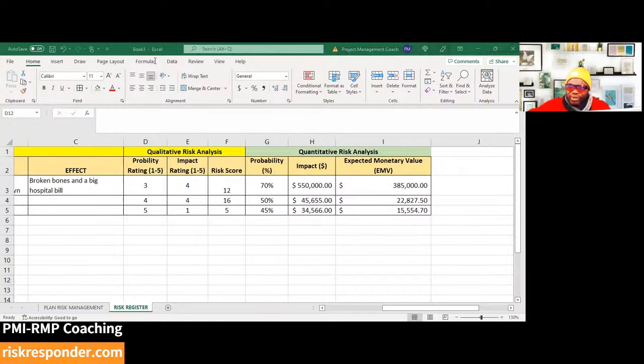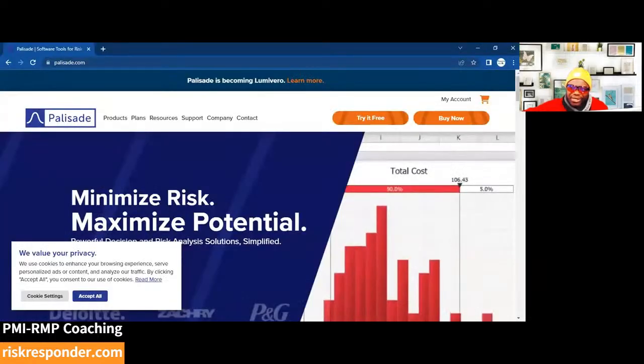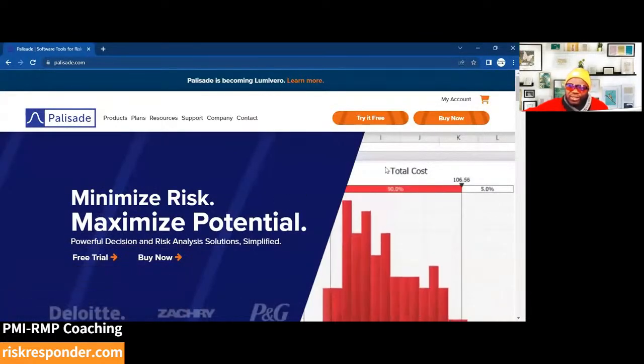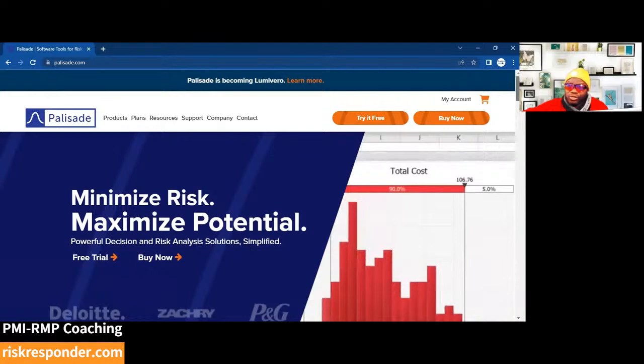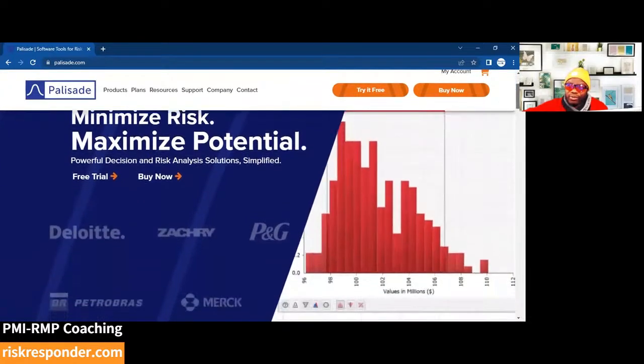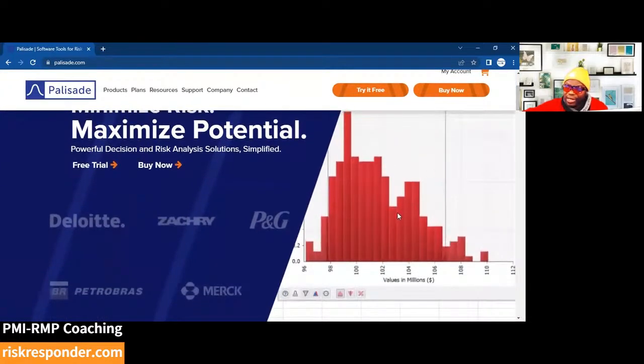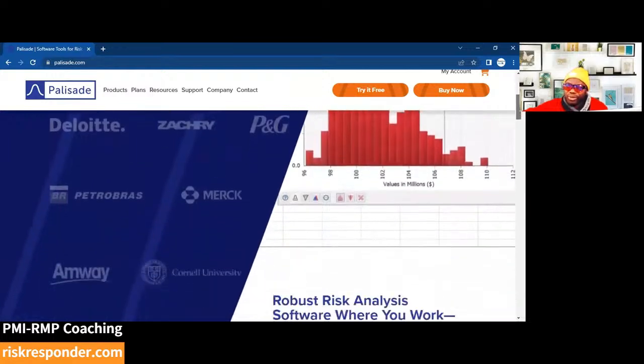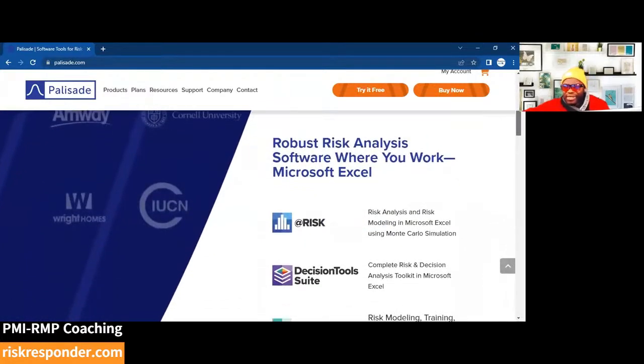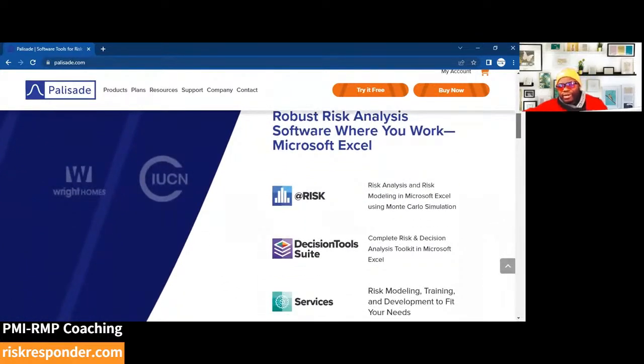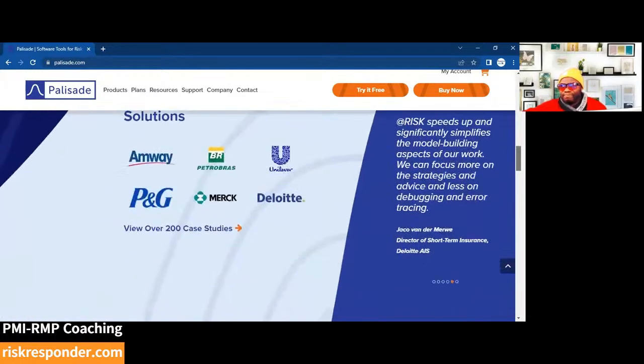And maybe even beyond PMP, this could be a good source of risk inspiration for you. It's called palisade.com. They've been, to be quite honest, the industry leader in the world of managing risks using a quantitative approach. They create Monte Carlos, they have plugins for Microsoft Project, plugins for Excel, they have @Risk for Microsoft Project, @Risk for Excel.